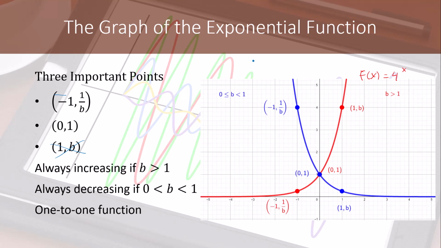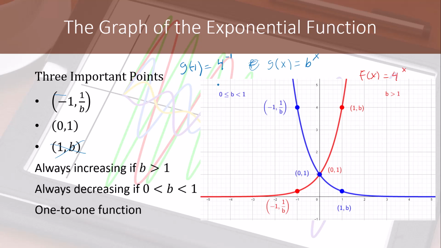So let's say g of x is going to be equal to b raised to the x, and when x is equal to negative 1, we have the point 4 raised to the negative 1 power.